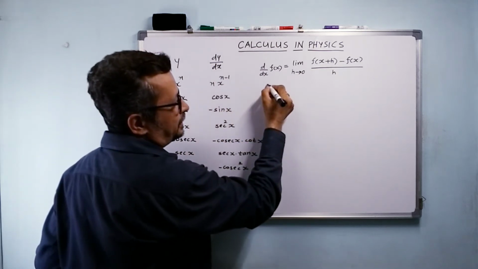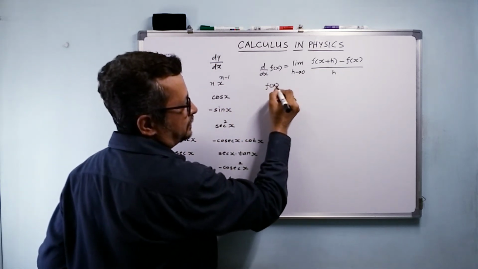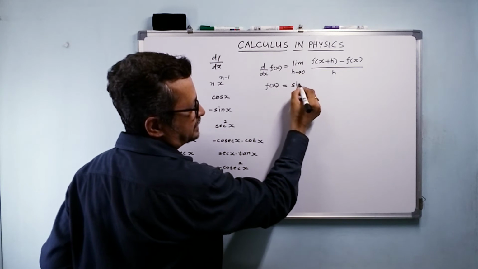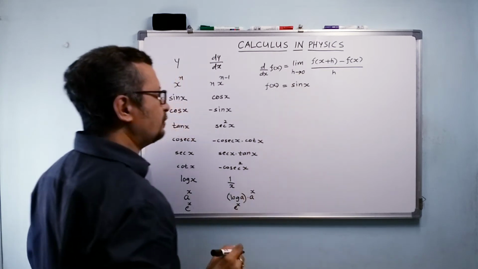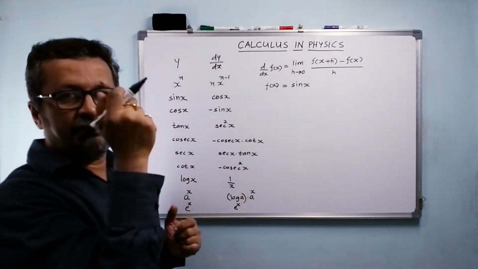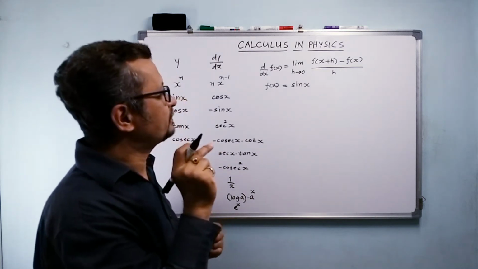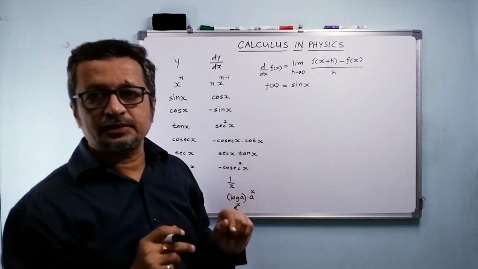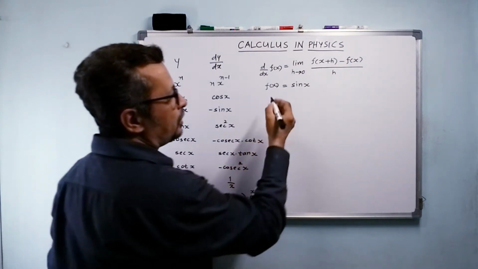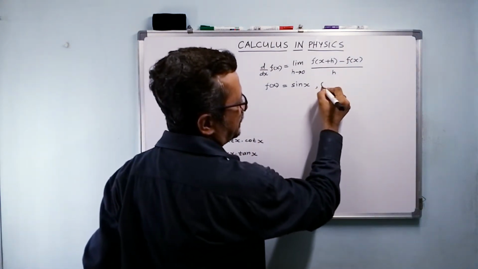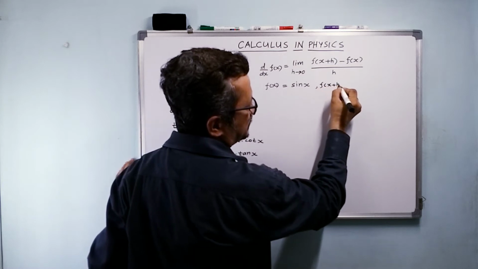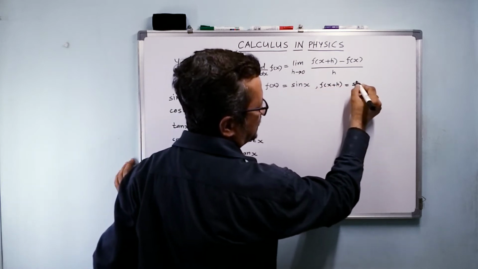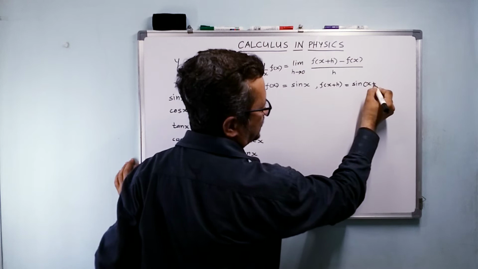Now let my fx be sin x, and I want to find derivative of this fx, derivative of sin x. So I'll have to put it in this manner here. Obviously if fx is sin x, then f of x plus h is going to be equal to sin of x plus h.